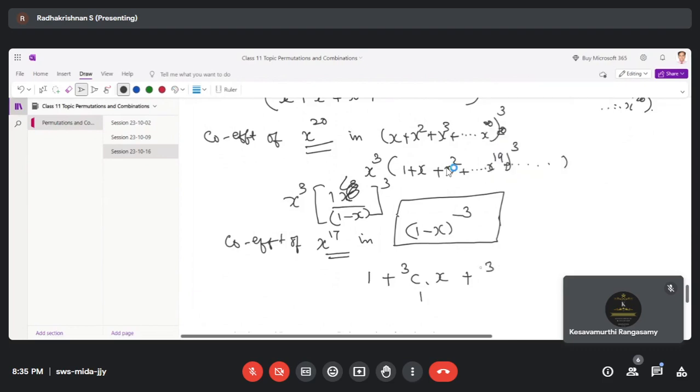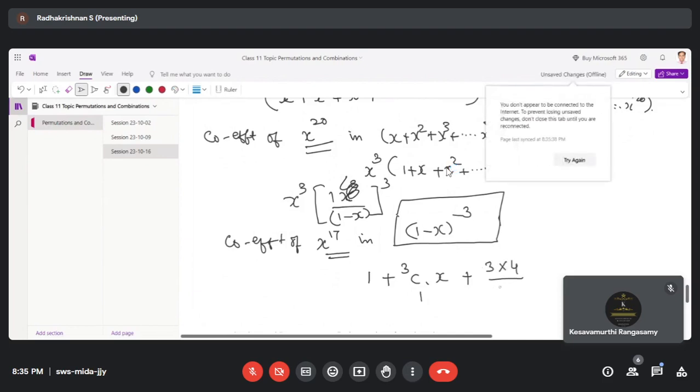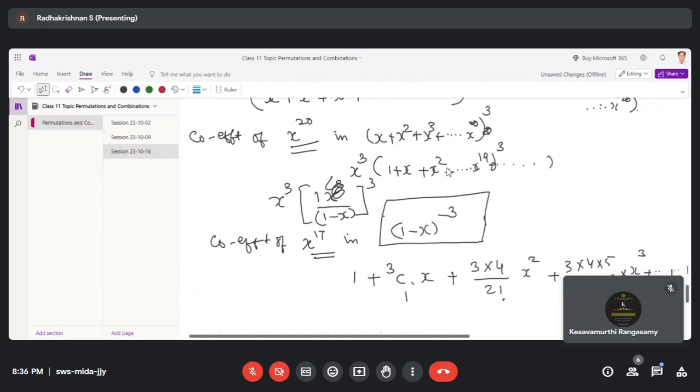In this case, since it is negative, it will become 3 into 4 by 2 factorial. You see this expansion is there in your book, okay? So you can see that, and so on.